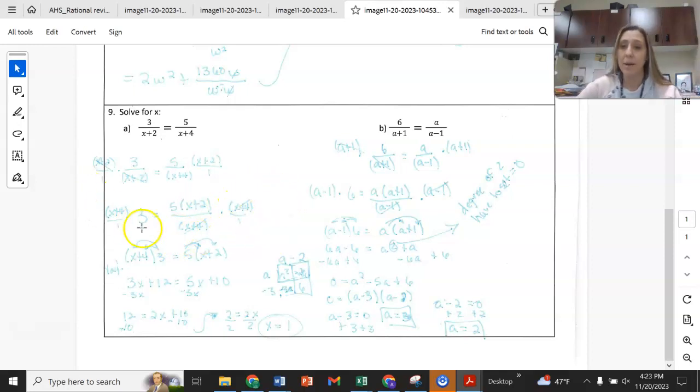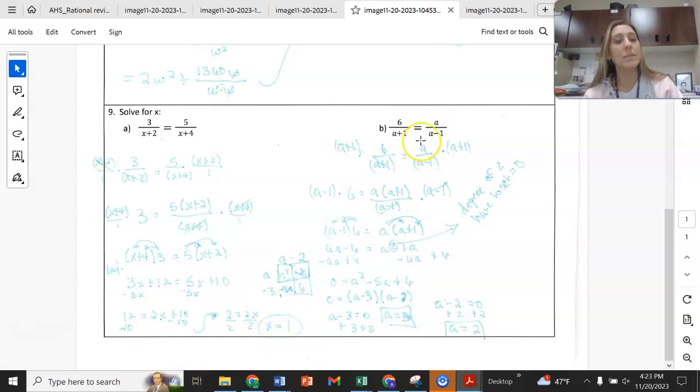So I multiplied both sides by x plus 4, and that gave me x plus 4 times 3 is equal to 5 times x plus 2. Then I just needed to distribute. This is to the first power. My degree is 1, so I get all my x's on one side and all my numbers on the other. Now, I like to keep my x's positive, so I subtracted 3x from both sides, and I ended up with x equals 1.